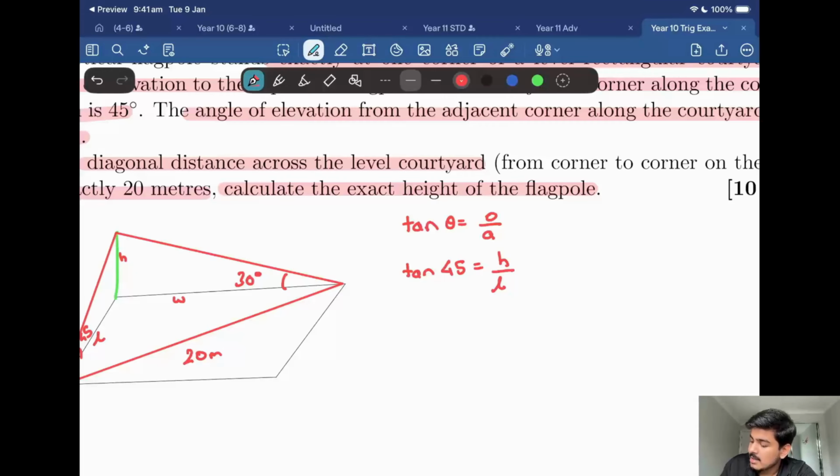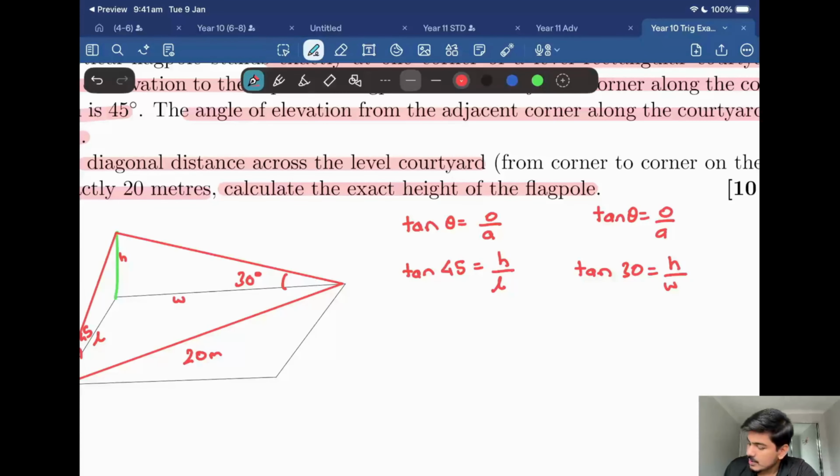Let's do the same for the width. Tan theta is opposite over adjacent, so tan 30 is opposite, which is h, over adjacent, which is w. Now we want to find the exact height of the flagpole. There are two ways we can do this.